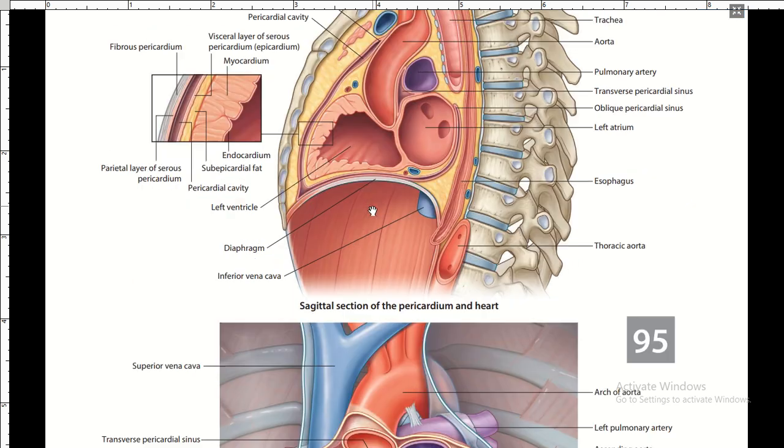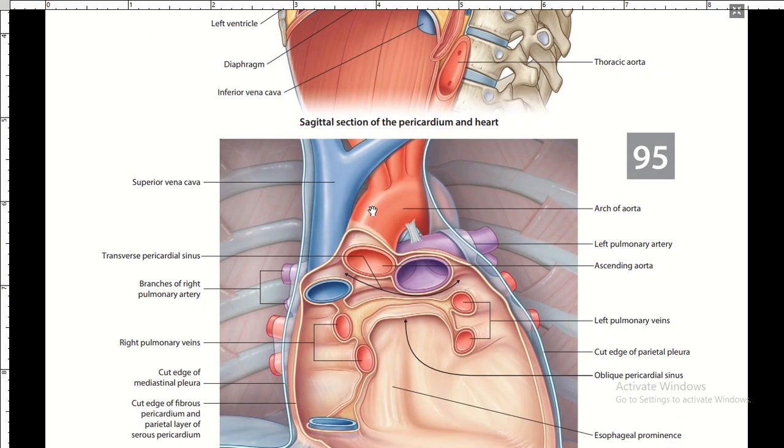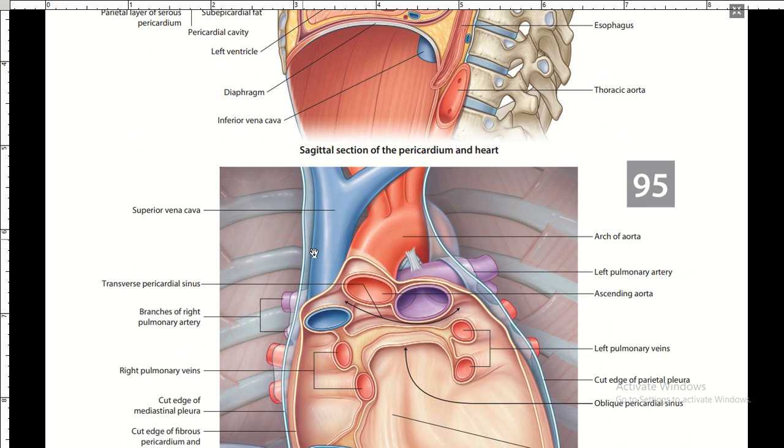If you remember very well, you're going to form the superior vena cava, and the superior vena cava is formed at the right margin of the manubrium by the joining of the right and left brachiocephalic veins. The right and left brachiocephalic veins are formed by the internal jugular vein and the subclavian vein.